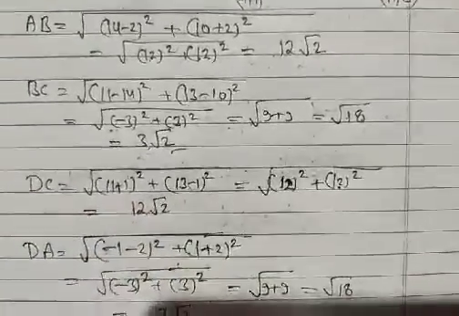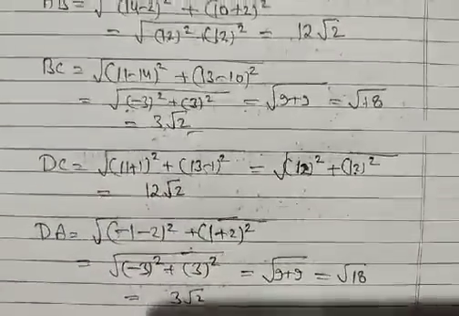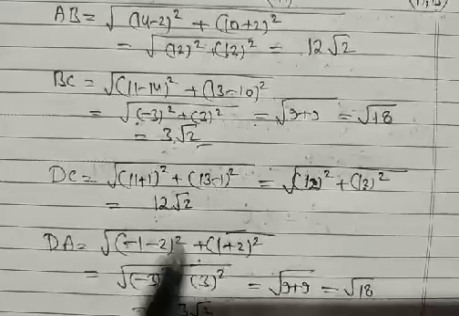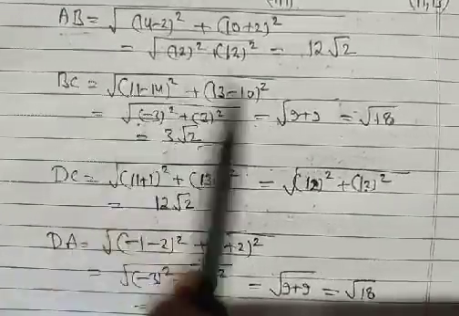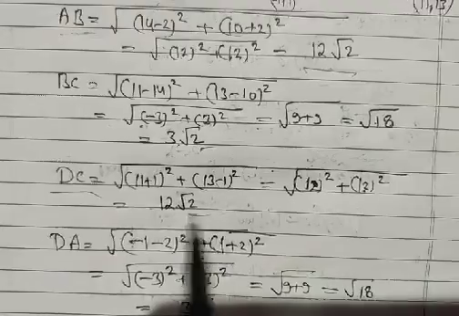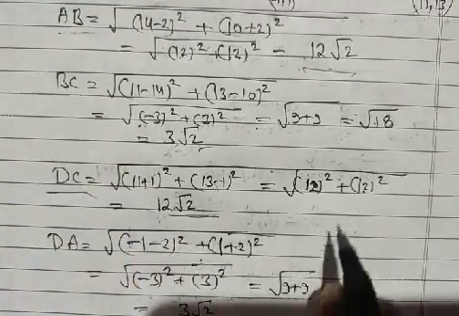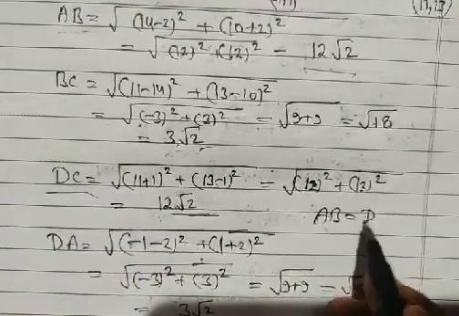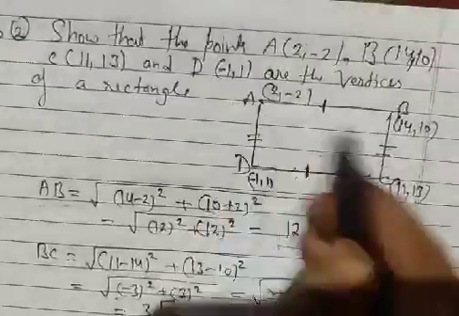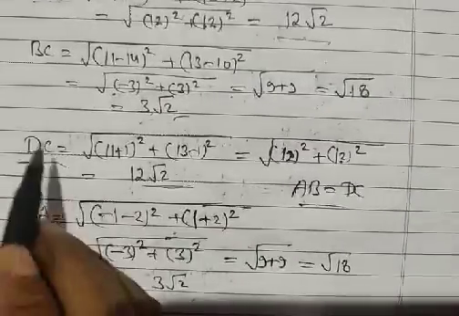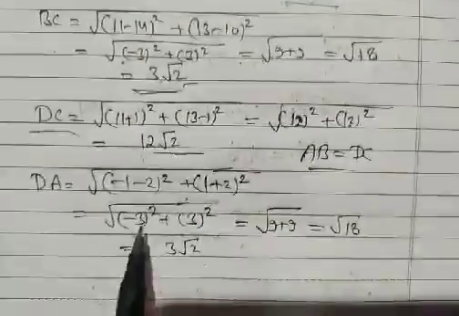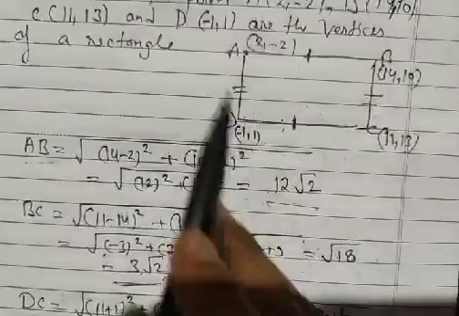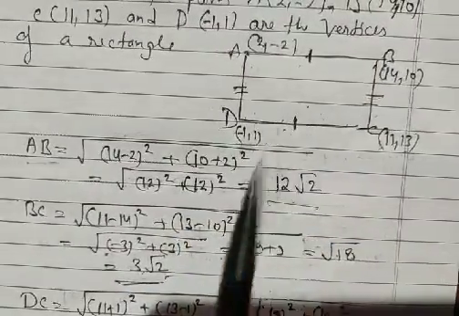Now we have AB, BC, CD, AD, in which our AB is 12 root 2 and our DC is 12 root 2, so AB is equal to DC. Also BC is equal to 3 root 2 and DA is 3 root 2, so BC and DA are equal.